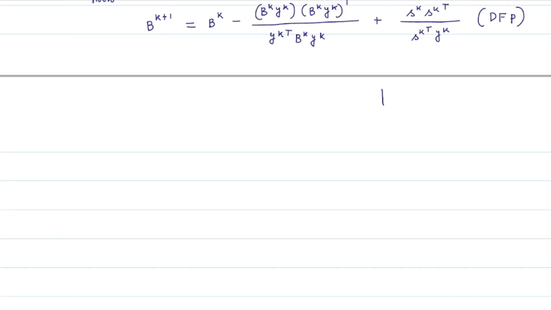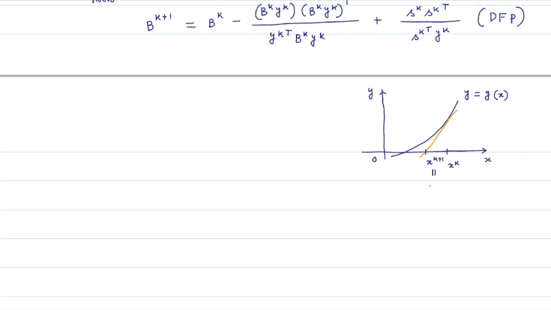For the Newton method, we know the geometry: to find a zero of y equal to g(x), where g is the derivative of the function f, which is a function of one variable say, at the current iterate xk we draw the tangent to the curve y equal to g(x), and take the point of intersection of this tangent with the x-axis as the next iterate xk plus 1.